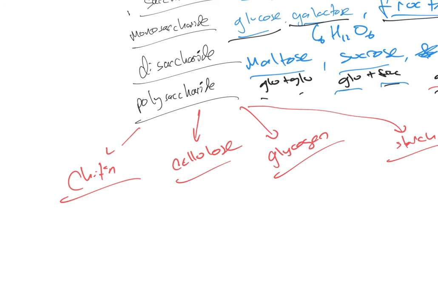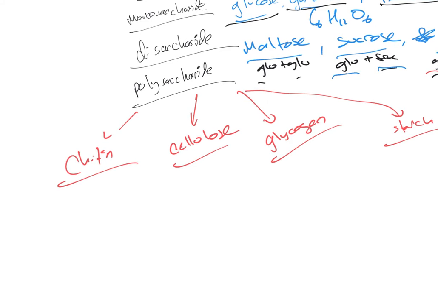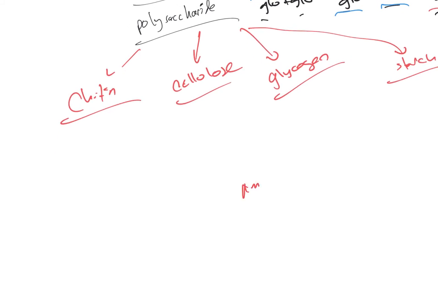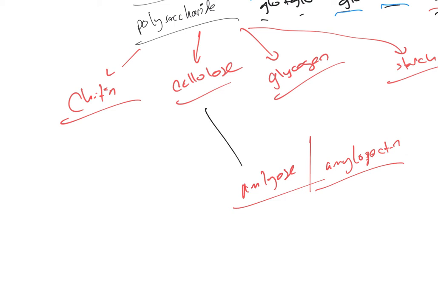Within starch there is also amylose and amylopectin. Cellulose is amylose or amylopectin.